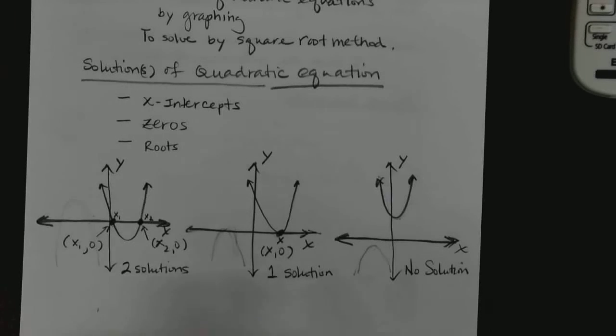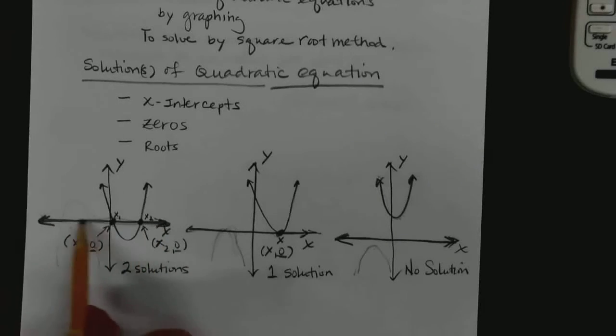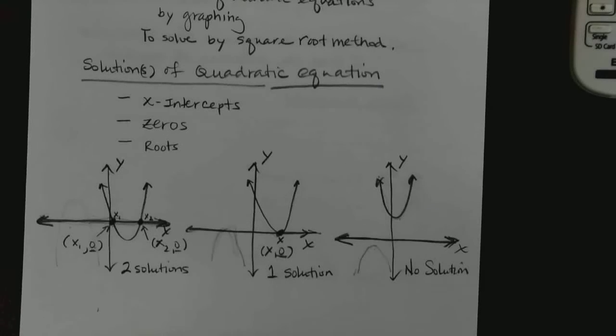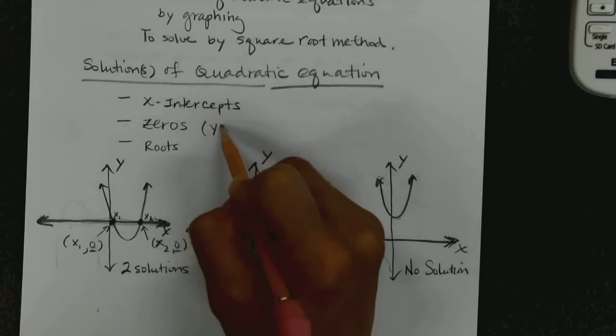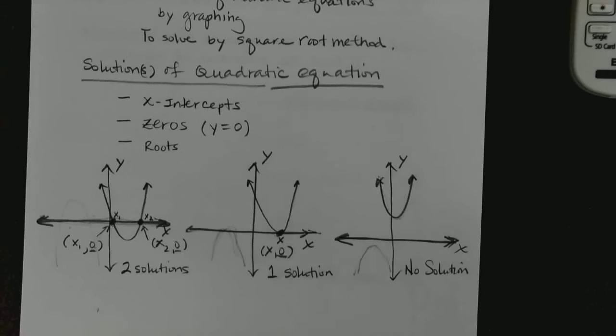Now do you know why these are called zeros? Anybody? Why would I also call these zeros? Because the y is 0. Yeah. See my y coordinates? They're all zeros, because all my y values on the x-axis are 0. So we call those zeros because y is 0.